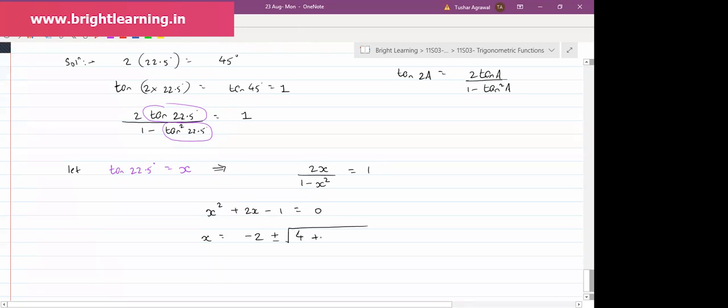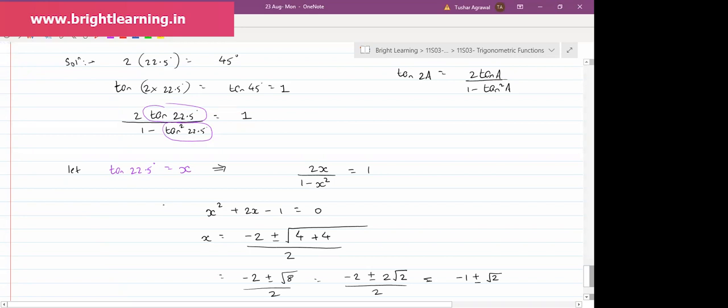So 4 minus of minus 4 becomes plus 4, upon 2a. That becomes minus 2 plus or minus under root 8, upon 2. Under root 8 is 2 root 2, so 2 root 2 upon 2. So that becomes minus 1 plus or minus root 2.